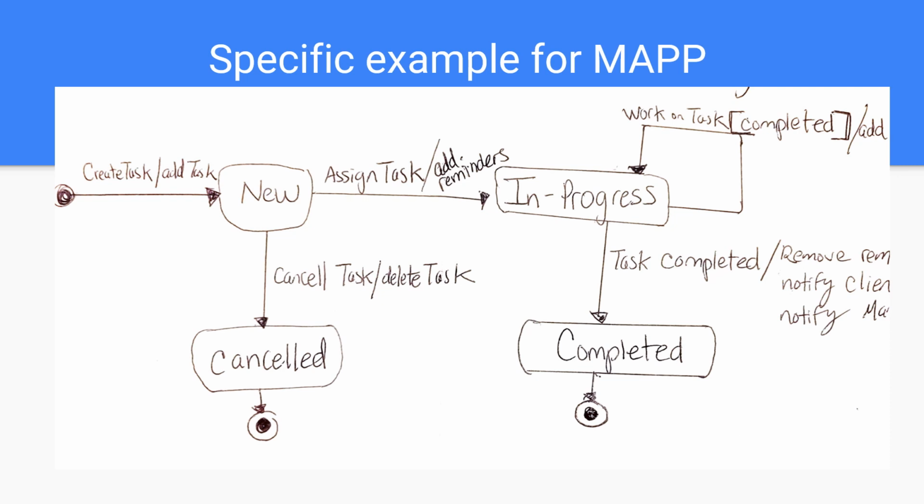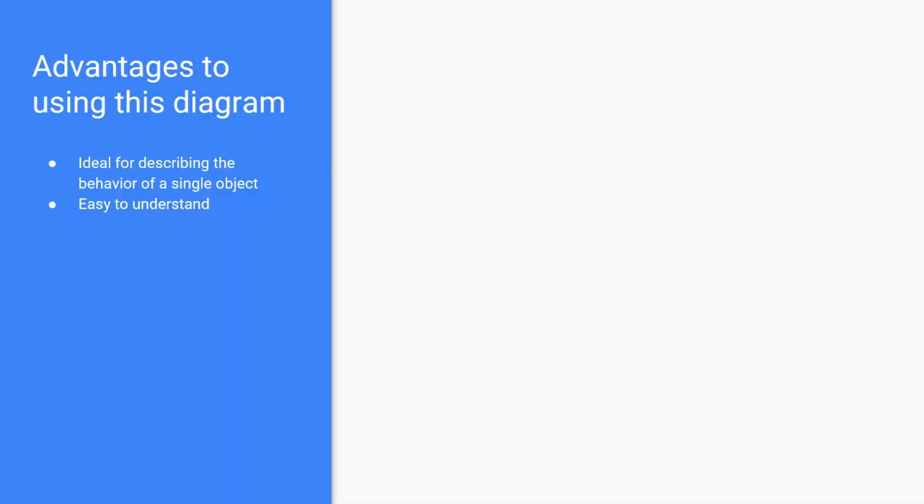And then we can do some actions like remove reminders, notify the client that we were helping with this task, notify the manager, and it'll go to the state completed. So here's a clear example of how you can implement this transition diagram for the application that we have been working on.